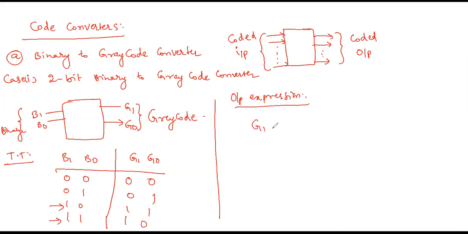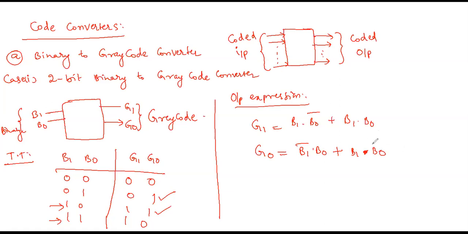So G1 is equal to B1 B0 bar plus B1 B0. You can take B1 common, B0 plus B0 bar, which is nothing but 1. So G1 is equal to B1. Look at G0: G0 is 1 when B1 bar B0, and next B1 B0 bar.